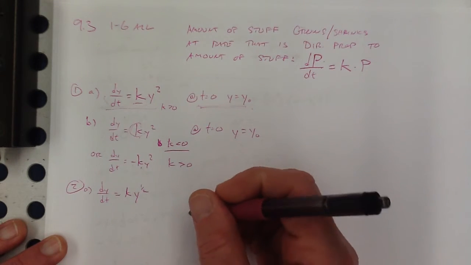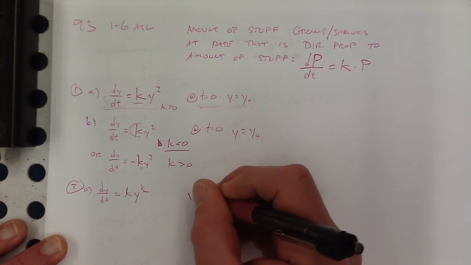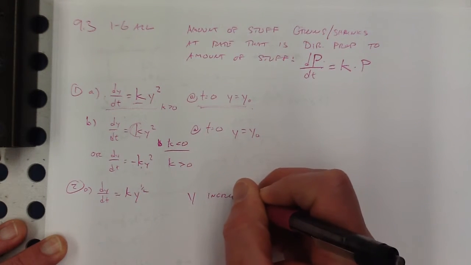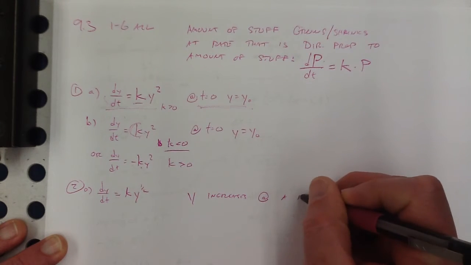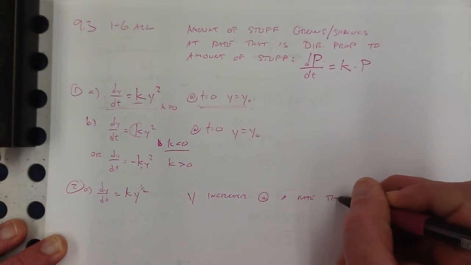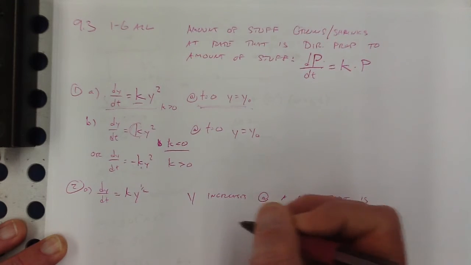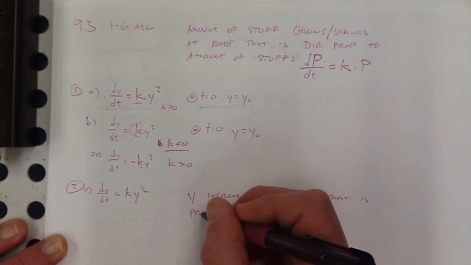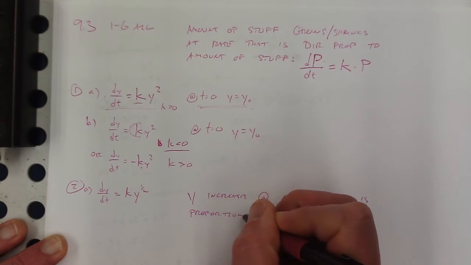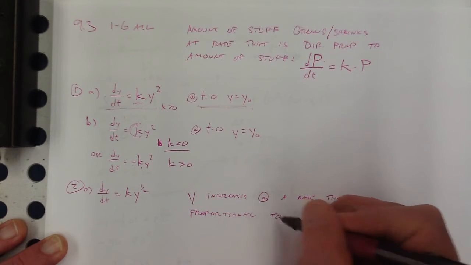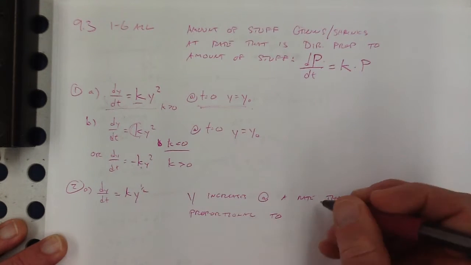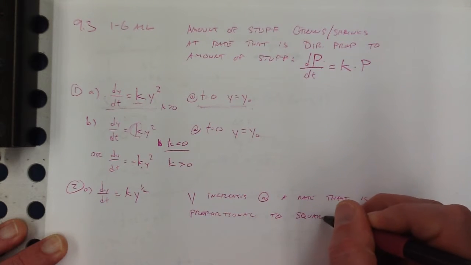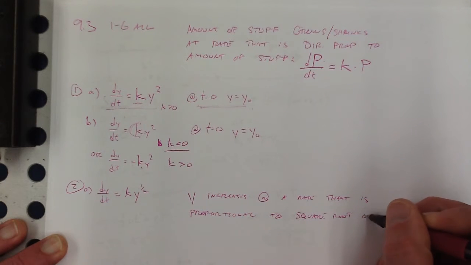So we can say that the quantity y increases at a rate that is proportional, trying to use exactly the same words that they used in 1A, proportional to the square root of the amount present.